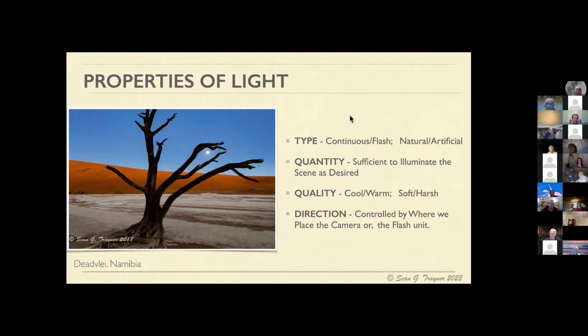The quantity for photographers is always that which is sufficient to illuminate the scene as desired. The quality of the light can be cool, it can be warm, it can be soft, and it can be hard. And the direction of light is controlled by where we place the camera, or in the case of Flash, where we place the flash unit.